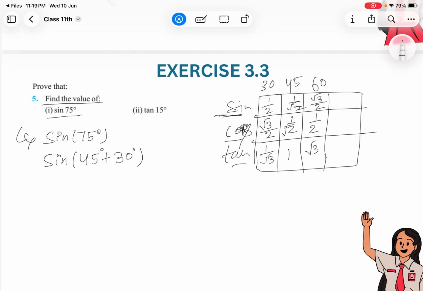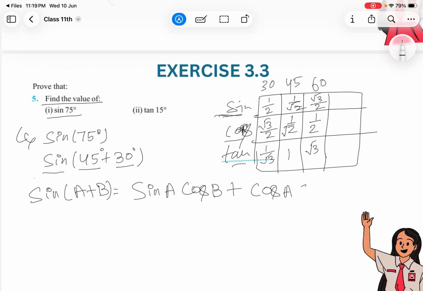Okay, and when you have sine a plus b, the formula of sine a plus b is sine a cos b plus cos a sin b. You have to remember this. Okay, this is very important.